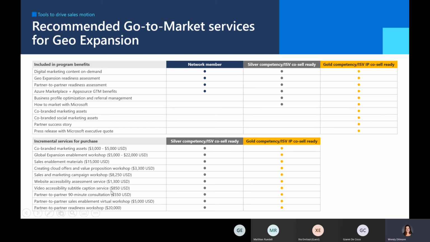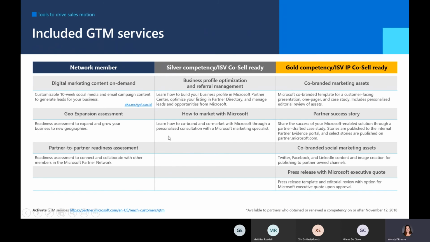There are also incremental services if you have go-to-market budgeting, and some of these perhaps might be really important and interesting to you. So I just wanted to highlight that those are available for you as well. There's details in the playbook that walk you through what each of those are and how they work. So I'll just quickly click through this here, but I just wanted you to be aware of that.